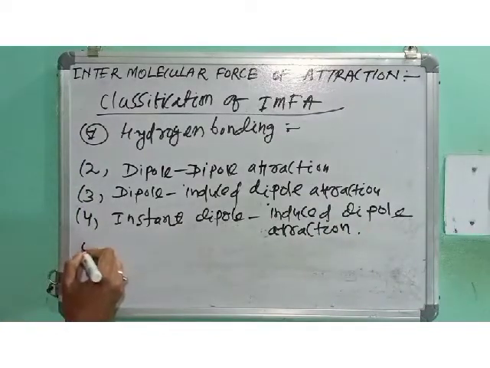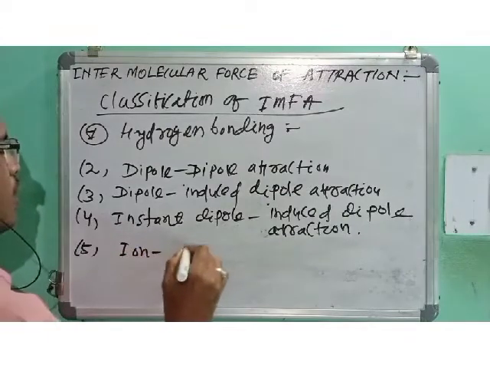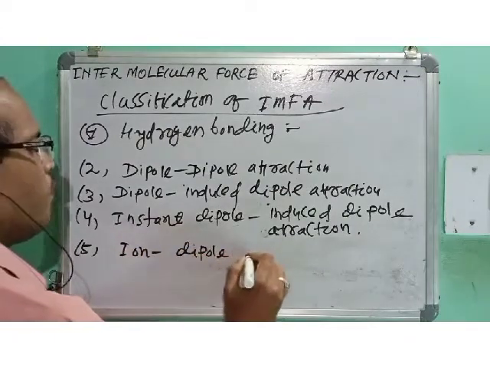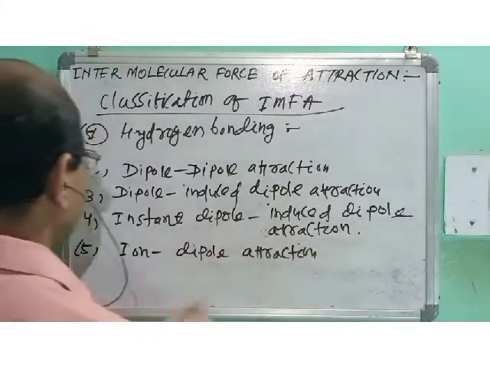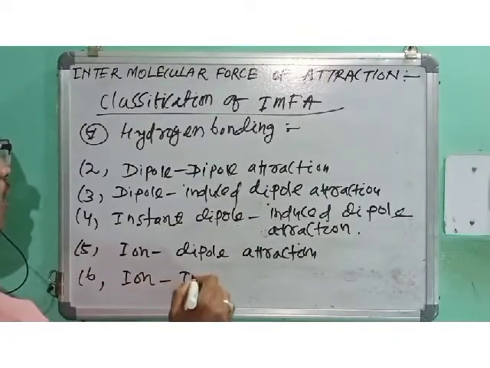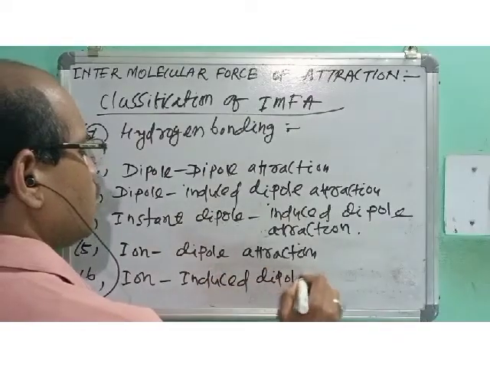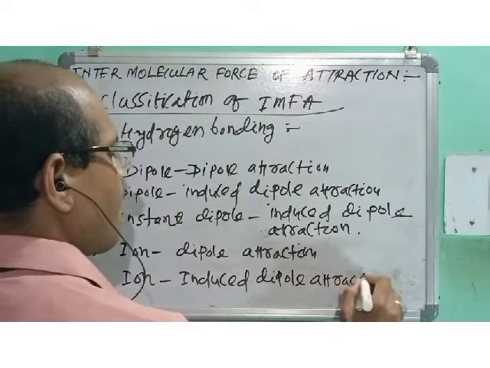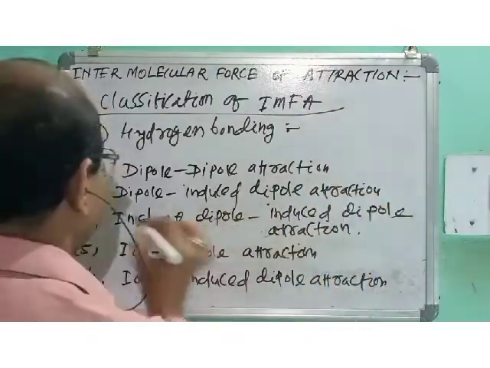And we can discuss another fifth type, that is ion dipole attractions, and another is ion induced dipole attractions. So mostly 6 types of intermolecular force of attractions are there.